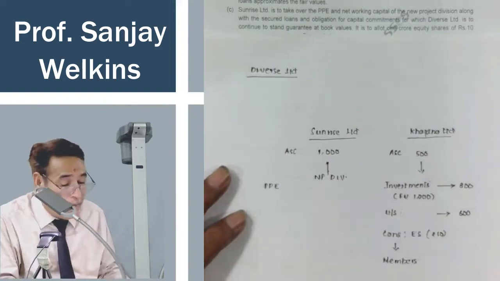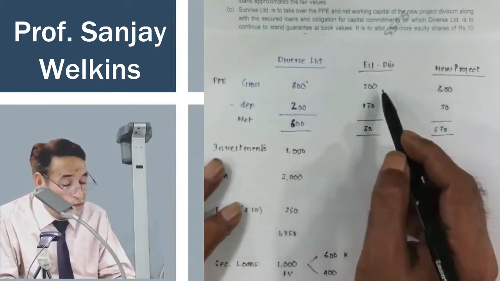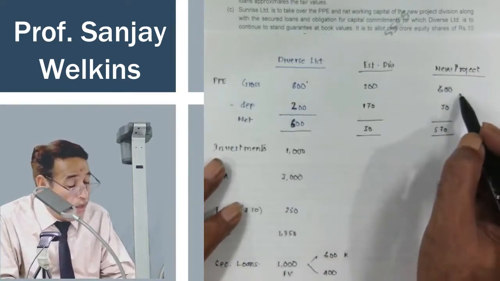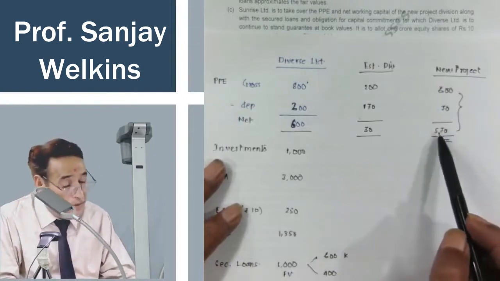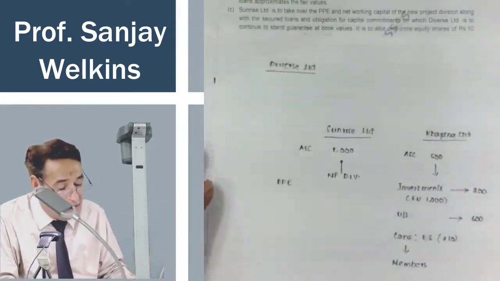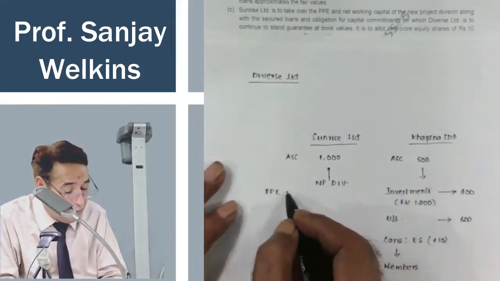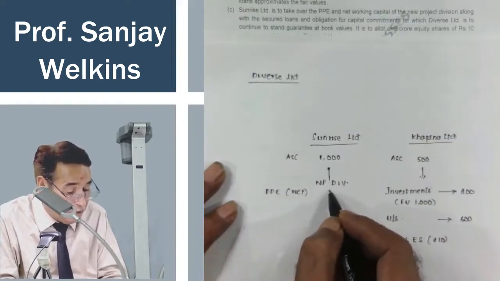Now, if you remember, just a moment ago I told you this is the new project division, this is the establishment division. Property, plant and equipment at net value is 570. So we may say that Sunrise Limited is taking over property, plant and equipment at net value of 570.